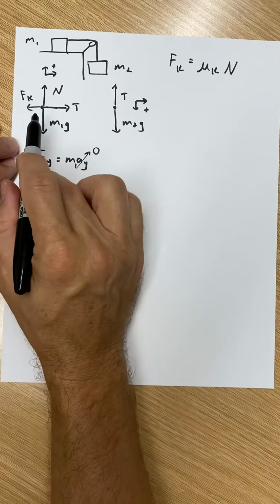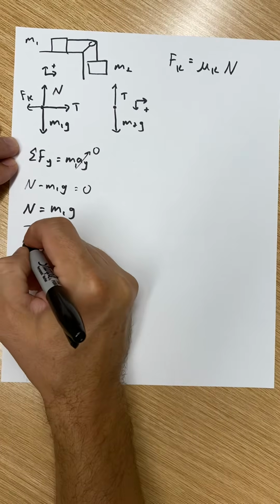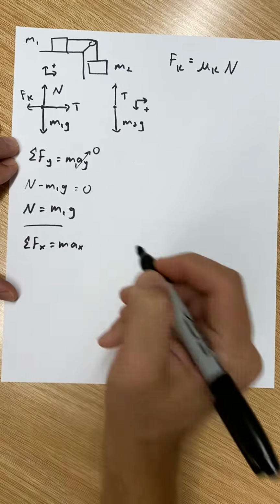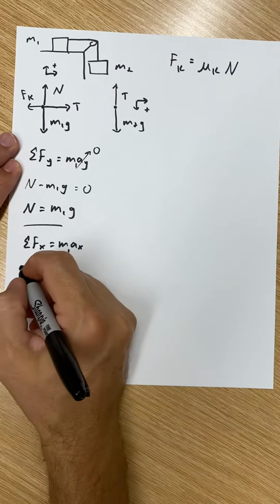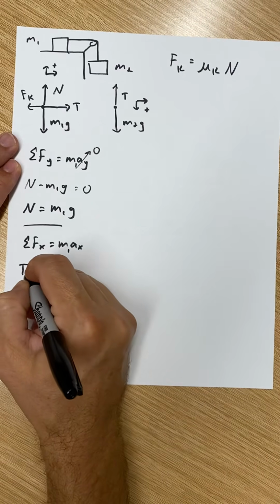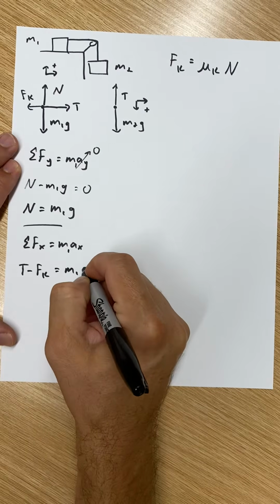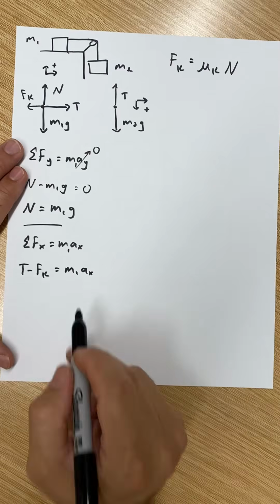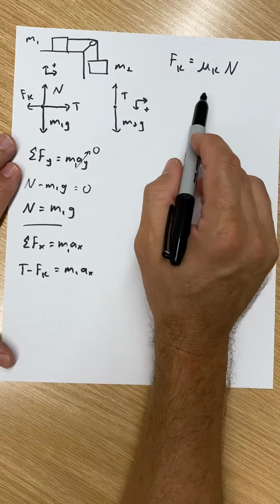Now I'm going to go still on block 1. I'm going to solve this in the x direction. I'll do it underneath. This is M1 still. Well, I have tension minus the kinetic friction force is equal to m1 a sub x. It's not in equilibrium, so I can't cross this out. What I can do is substitute in for the friction force from here.